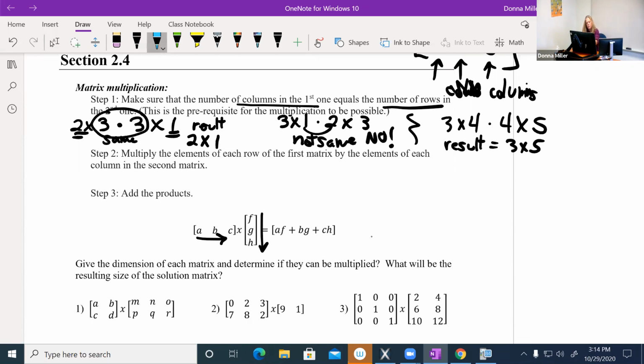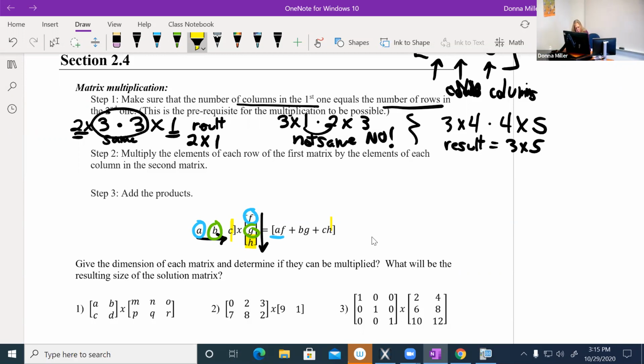I do the first row times the first column. I do A times F plus the second element, B times G, plus C times H. So you see that I just worked across the row and down the column. I take their products and I add them up. That's the process I go through whenever I multiply.